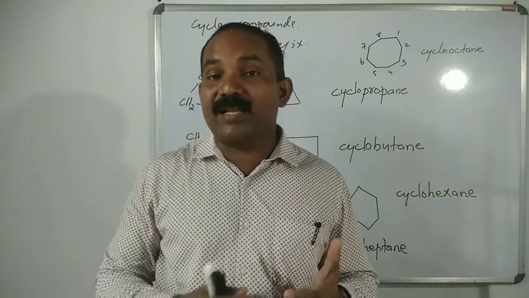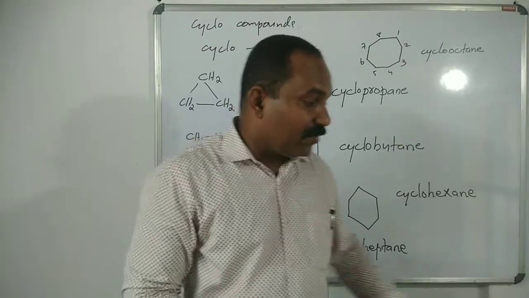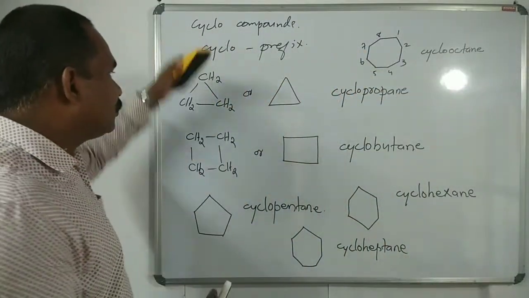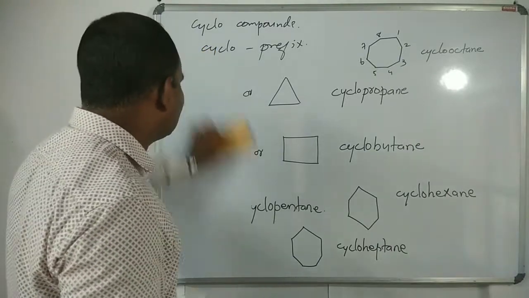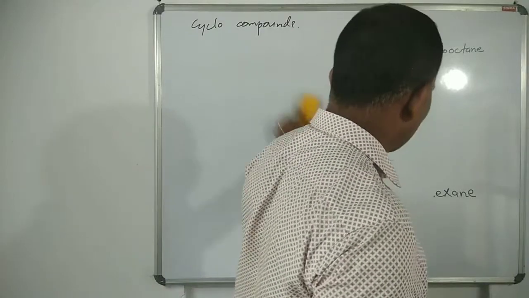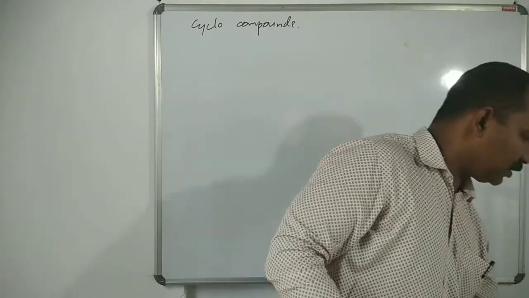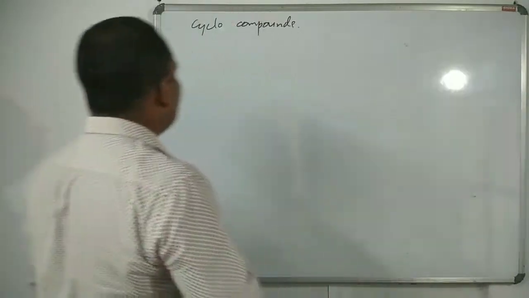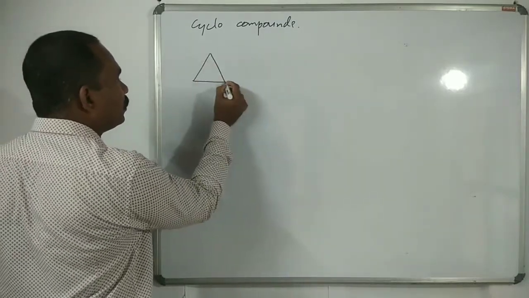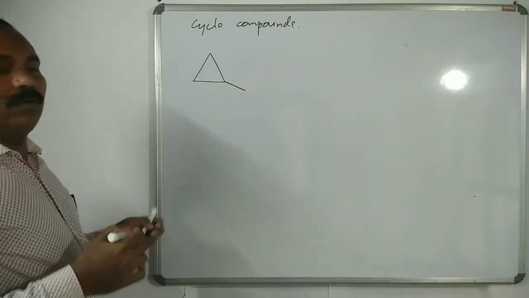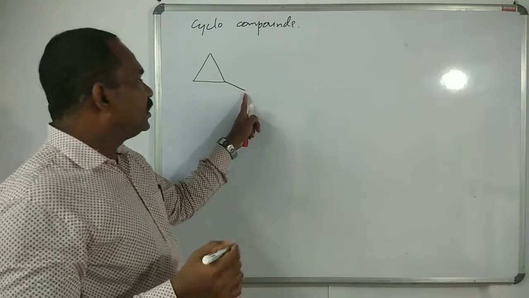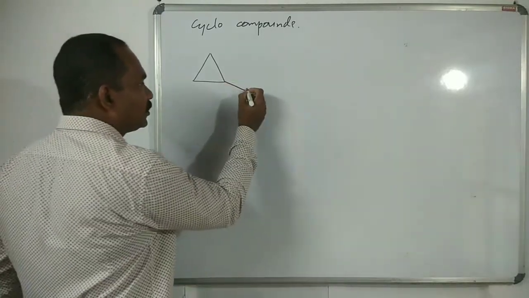Then we discuss the naming of cyclic compounds which contain substituents. So we move to the cyclo compounds which contain substituents. Cyclopropane contains a substituent. As we know, terminals are CH3.